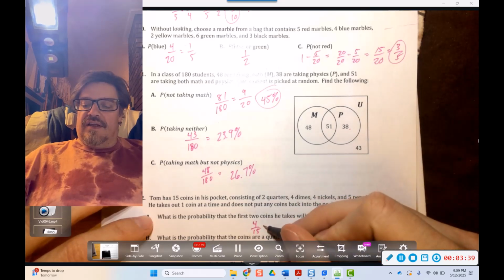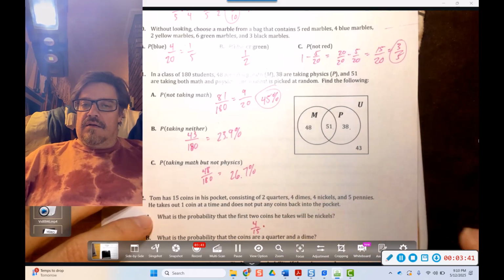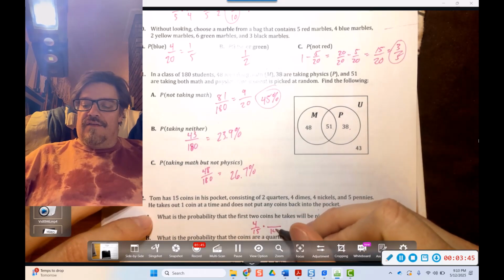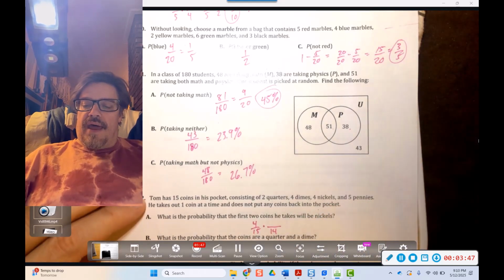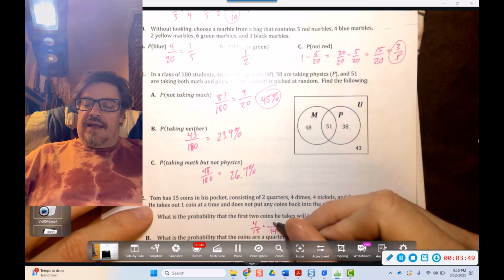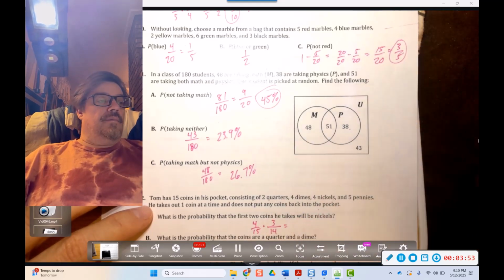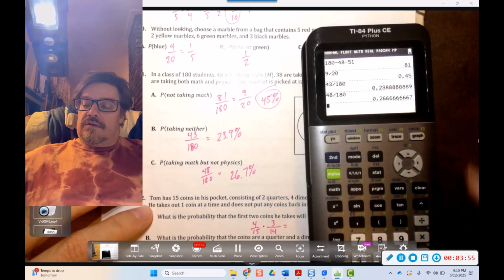So the first coin, for it to be a nickel, there's 4 of them out of 15 coins. Then you've already taken 1, and you're not putting it back. So now you have 14 coins in his pocket, and now there's 3 nickels. Okay, so this just needs to be multiplied.